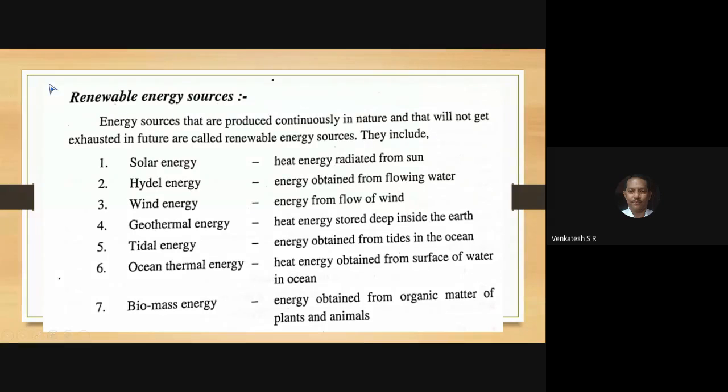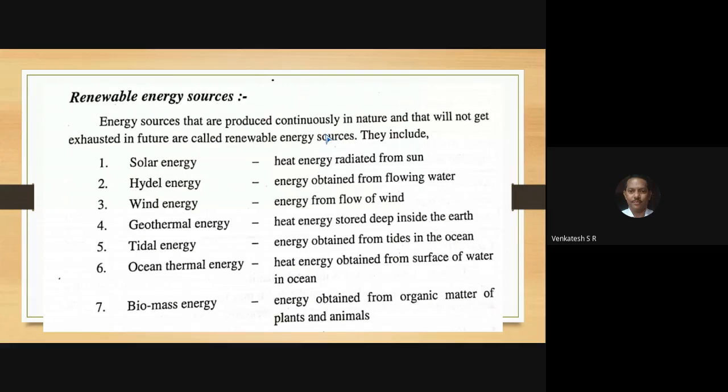Then write down: energy sources that are produced continuously in nature and that will not get exhausted in future are called renewable energy sources.